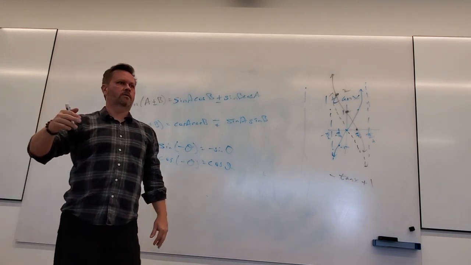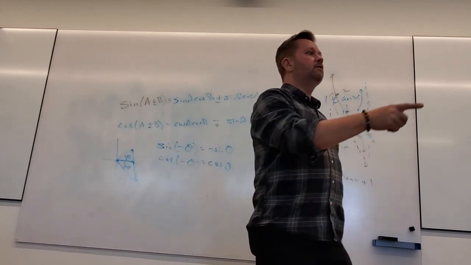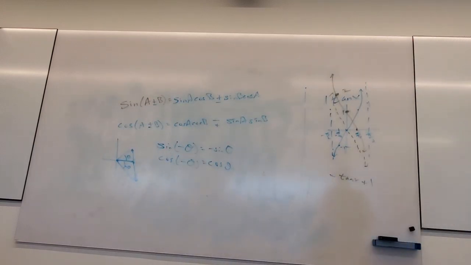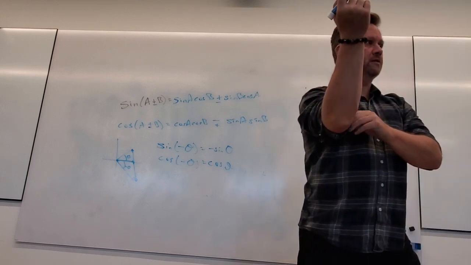But also SOHCAHTOA is mainly just for geometry. Even then, it very quickly loses to sine likes y, cosine likes x. But I agree with you, if I was just doing geometry, SOHCAHTOA, I could basically get through most of it. But that's not where you're gonna end with this.